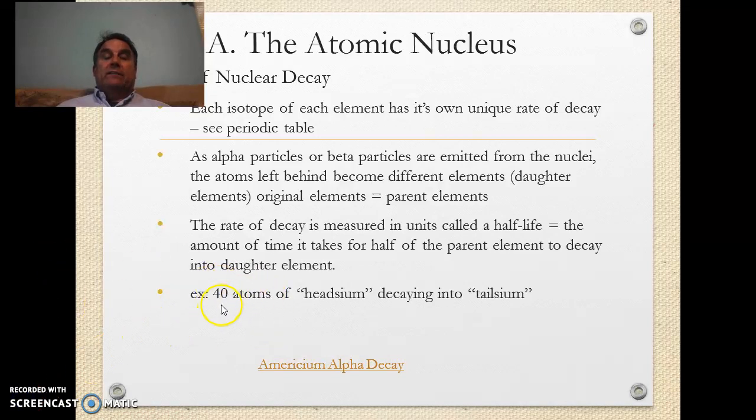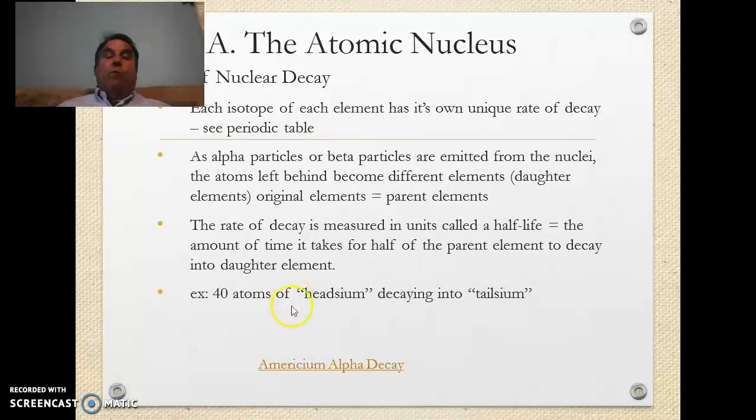If you can imagine you have 40 pennies, and we'll say that the heads-up version of this penny is called the isotope hedzium, and if you shake those 40 pennies, then some of those hedziums will decay into tailsiums. In other words, they'll start heads up and they'll decay tails up.